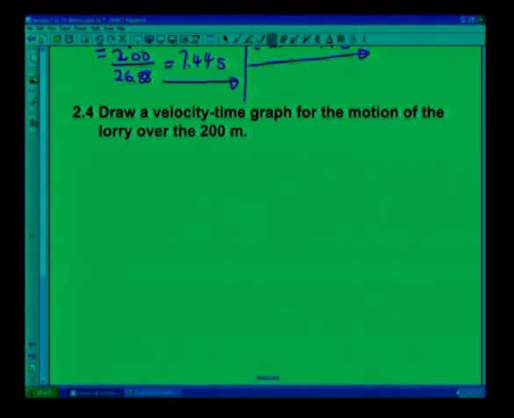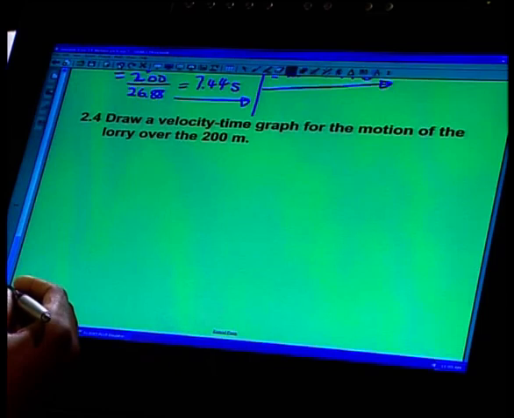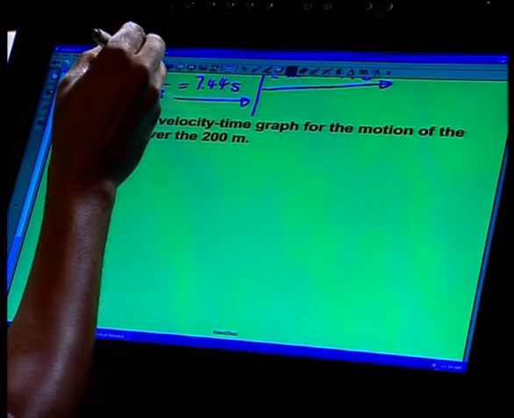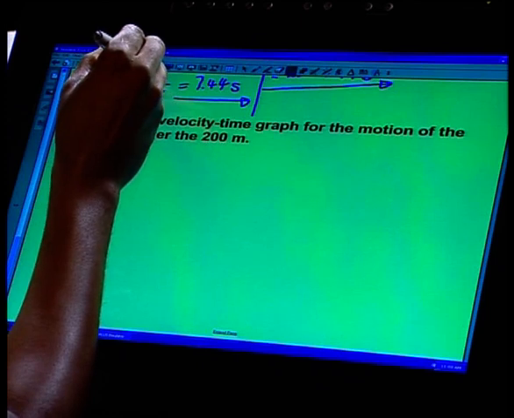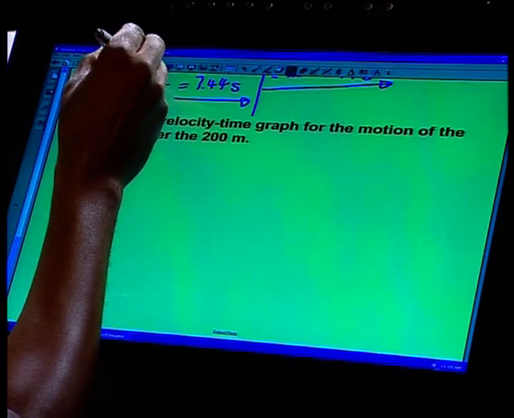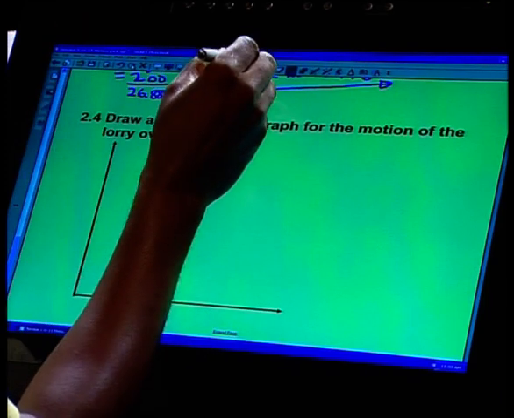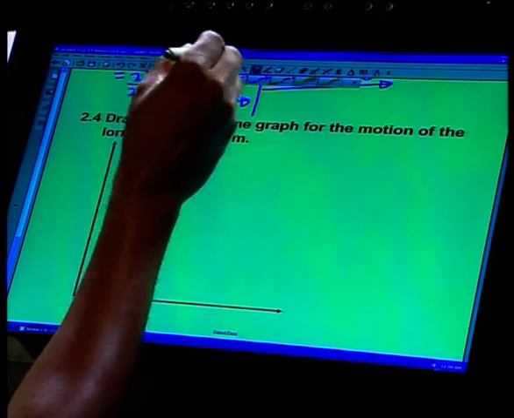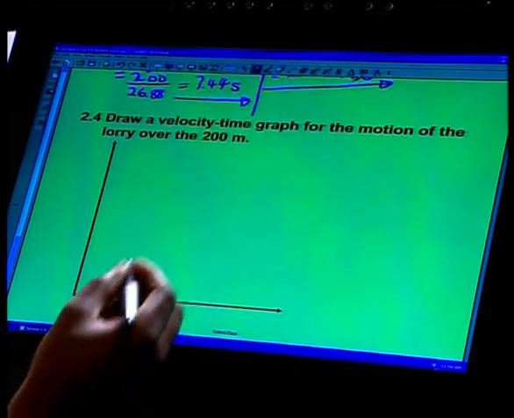Now let's move on to 2.4. It says draw a velocity time graph for the motion of the lorry over the 200-meter journey. And we need to be aware that here we're talking about a sketch graph, and therefore I don't have to draw it to scale. So I'll just have my axes here quickly. I have my vertical axis and my horizontal axis.